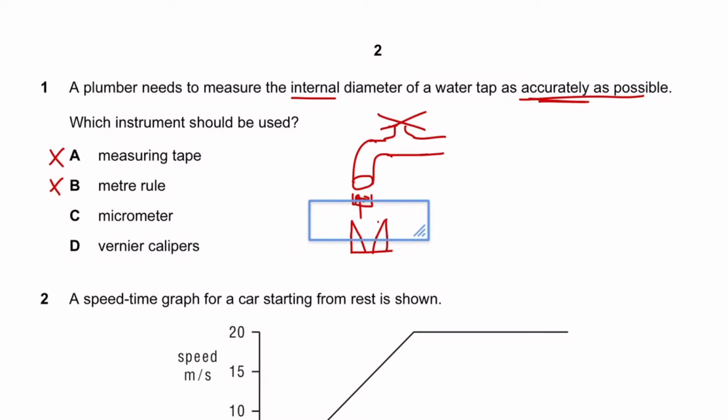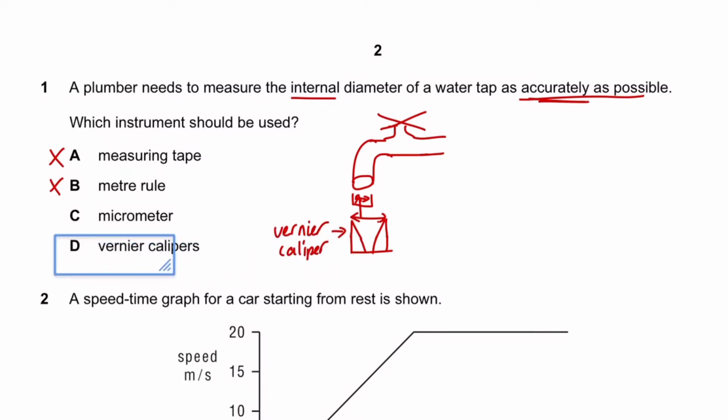So you'll be measuring internally within this range. Micrometer does not have this function. This only applies to vernier caliper. So the answer is D, vernier caliper. Calipers, okay, English wise.